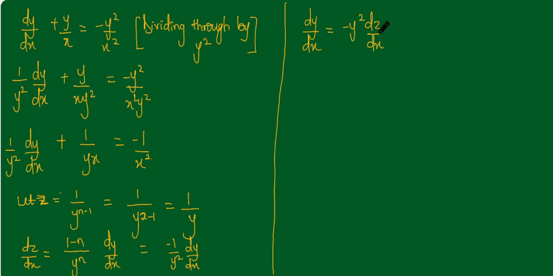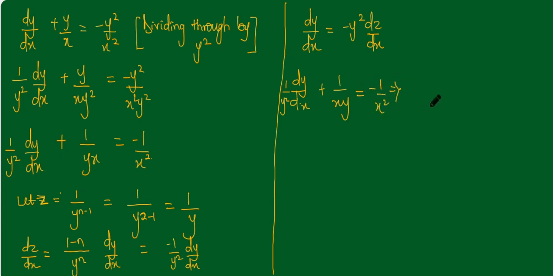So we could have eliminated the minus sign in front of the y by making z to be equal to minus 1 divided by y raised to n minus 1. So that makes it easier, and in subsequent examples, we are going to be making that substitution instead. So now we have 1 over y squared dy/dx plus 1 over xy is equal to minus 1 over x squared.